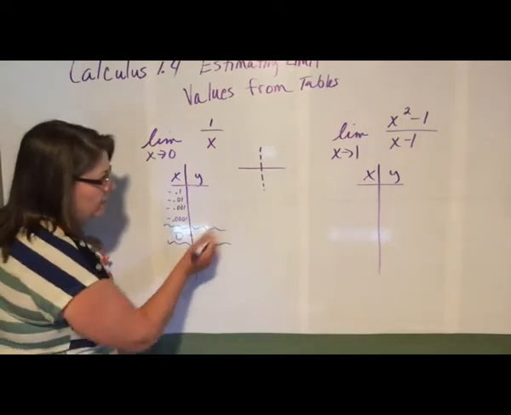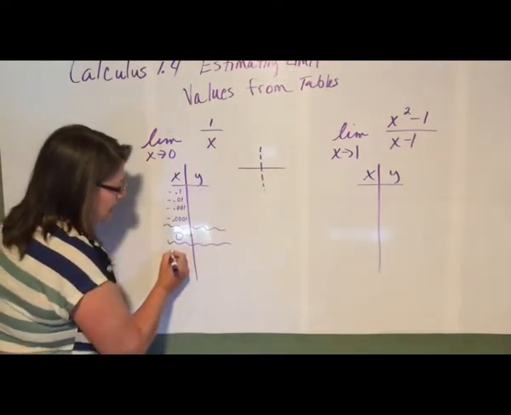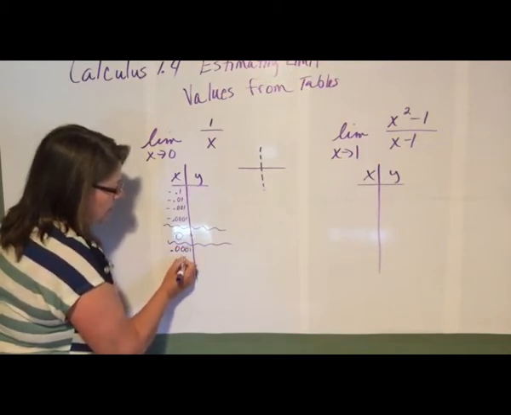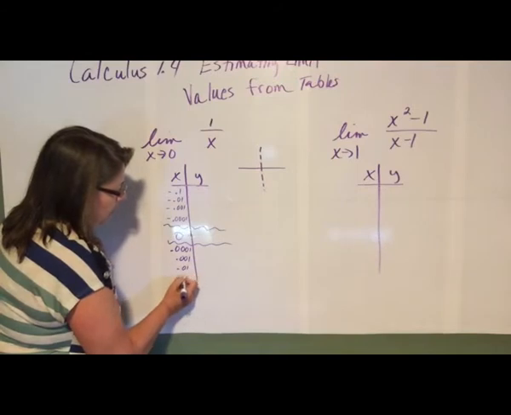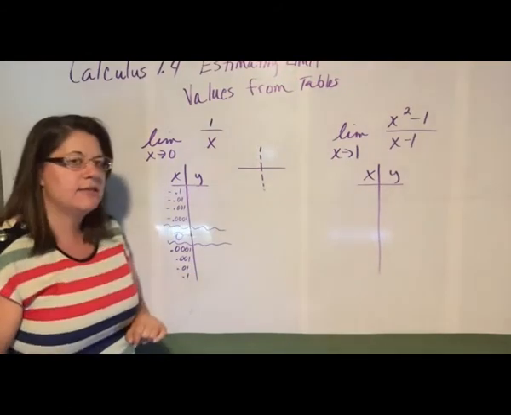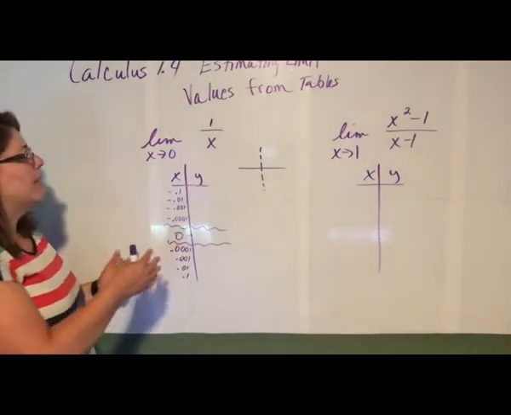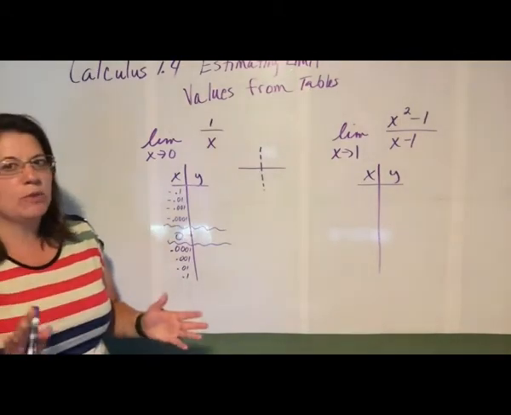And then from the positive side, I might pick 0.0001, 0.001, 0.01, and 0.1 to see what's happening with our graph. So if I do that, I'm not going to do these by hand. That's too much trouble.